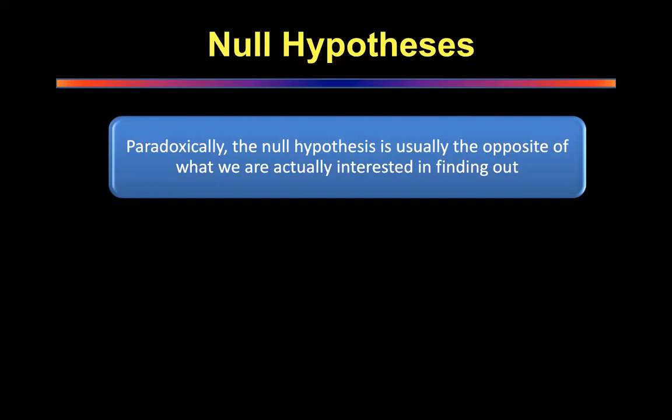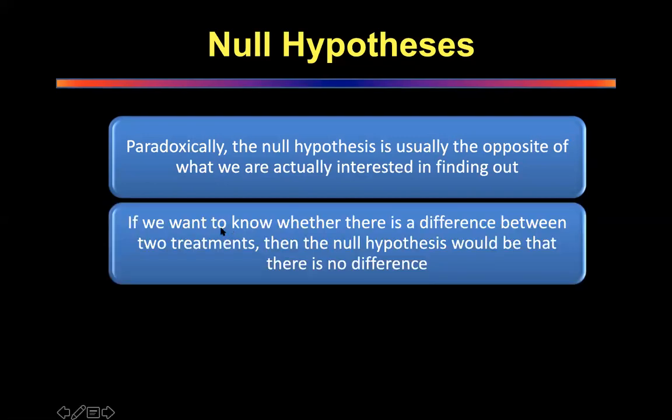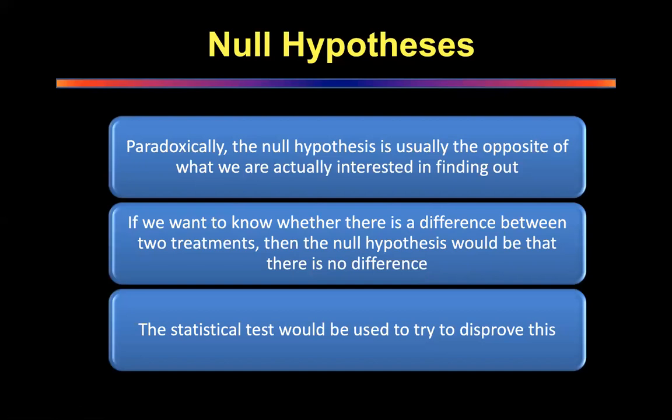All studies are started with a question, and the question is always the null hypothesis, because the null hypothesis is exactly opposite of what you're trying to prove. If you want to know that there is a difference between 2 treatments, then the null hypothesis would be that there is no difference. The statistical test that you use, you actually want to disprove your null hypothesis. Does that make sense? I've repeated it a few times because I want you to understand this.